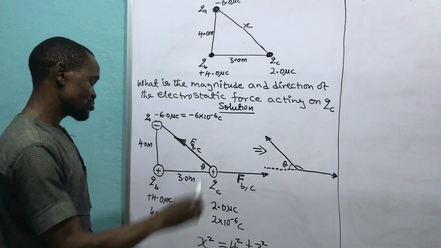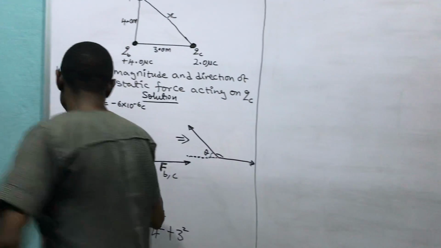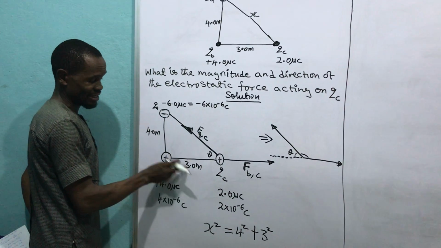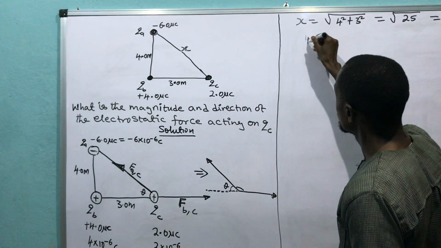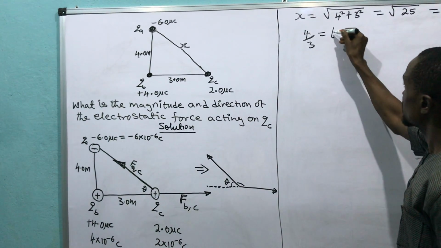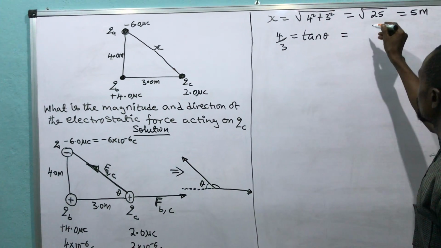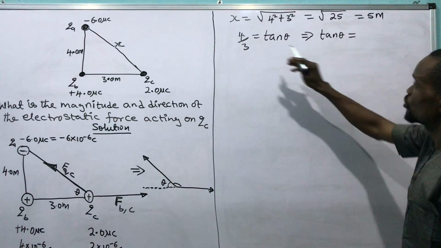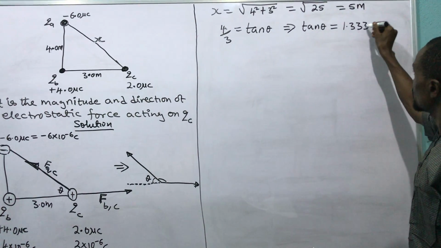Then let us move. Look at here, I can say opposite over adjacent, which gives me what? Tan. I can now say 4 over 3 will give me tan theta. That implies tan theta is equal to 4 divided by 3, which gives me 1.3333.